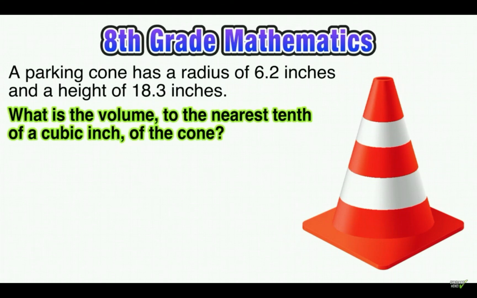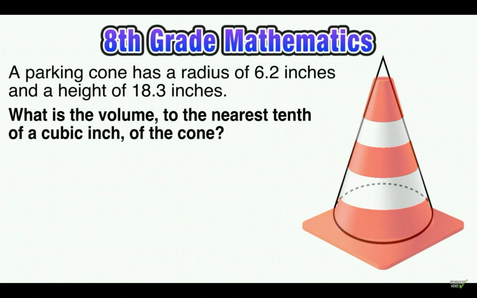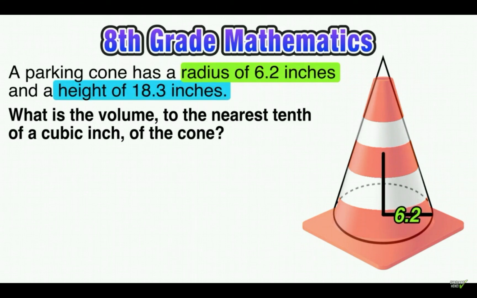Now, whenever we're trying to solve a geometry problem, we want to create a diagram. Those two things pretty much go hand in hand. So for our diagram, we have a cone, and we know that the radius of that cone on the circle at the base is 6.2, and we also know that the height is 18.3, and this information is going to prove useful to us.